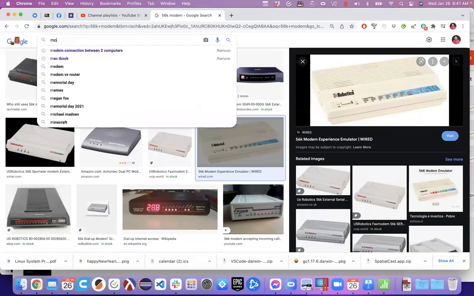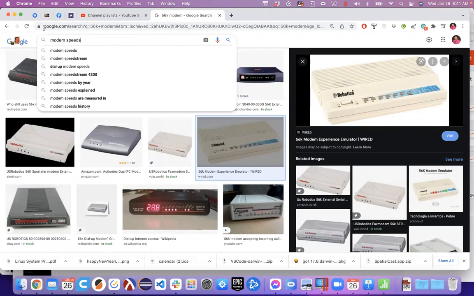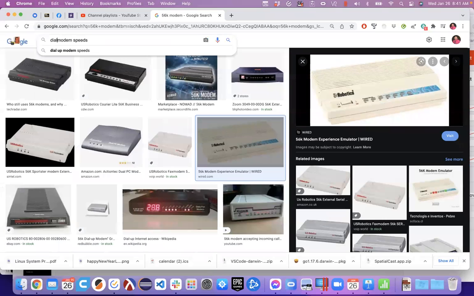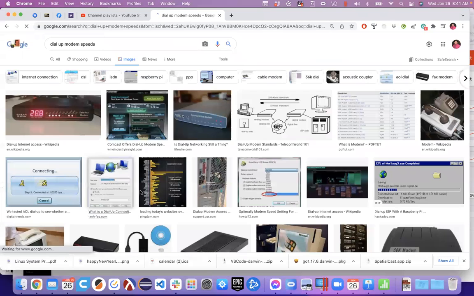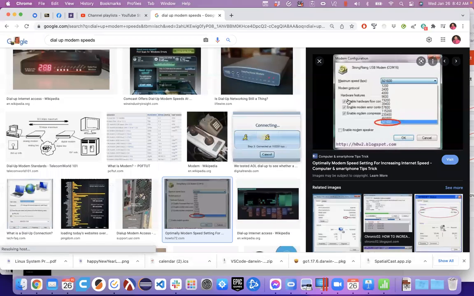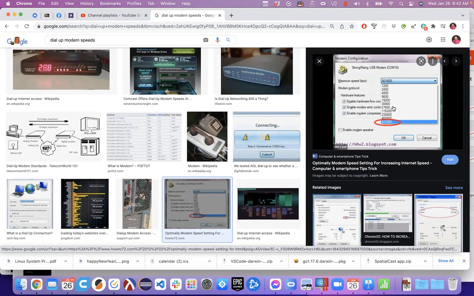Let's just do modem speeds, dial-up modem speeds. Yeah, so here's kind of a drop down. So you see a lot of the things we had in here. I didn't have 1200, but we had a 4800, 9600. Oh, I didn't put 19.2. 19.2 is a popular one.